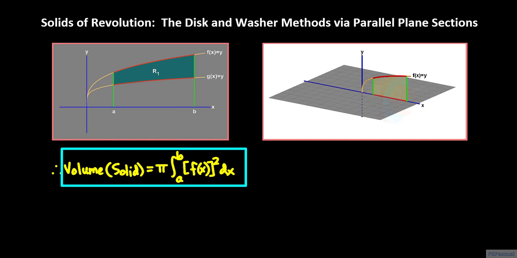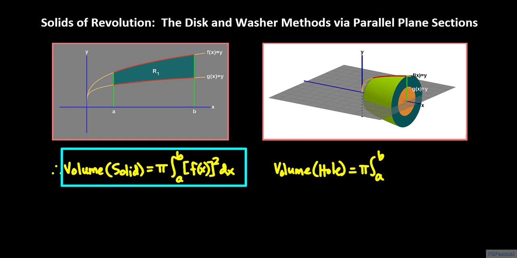So to find the volume of the solid with the hollow, we first find the volume of the solid generated by f. Then we take out the volume of the solid generated by g. The volume of the hollow or the hole equals pi times the integral from a to b of the square of g of x.